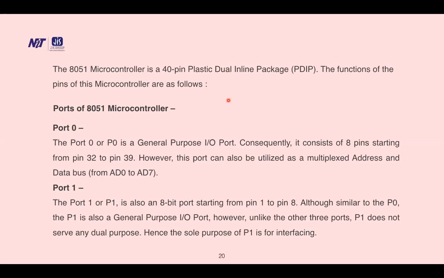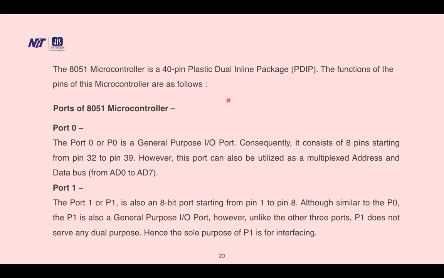Ports of the 8051 microcontroller. Port 0. Port 0 or P0 is a general purpose I/O port. It consists of 8 pins starting from pin 32 to pin 39. However, this port can also be utilized as a multiplexed address and data bus, AD0 to AD7. Port 1.